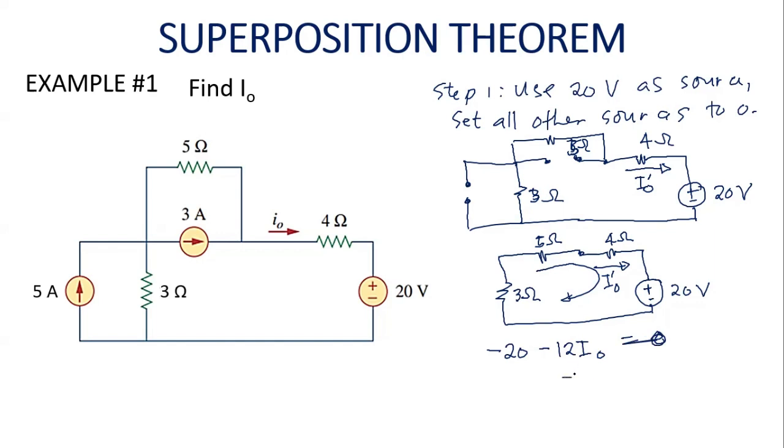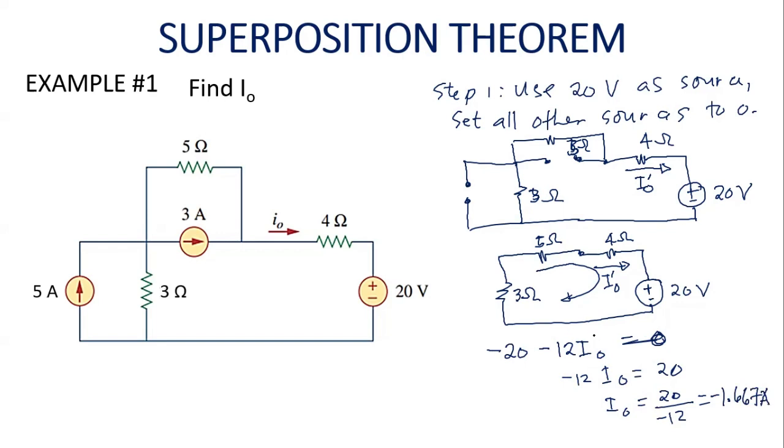Transposing the 20 to the right side, it becomes negative 20. So I/O is equal to 20 over negative 12, that is equal to negative 1.667 amperes.